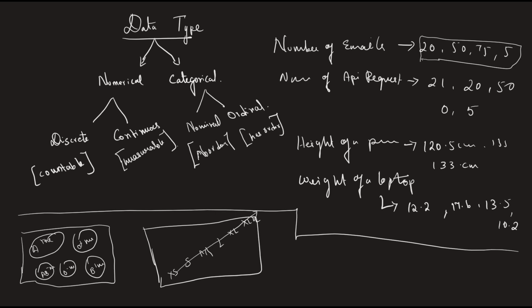For example, employee ID or phone number also have numbers, but we should still ask whether it is an identifier or a label. Employee ID is like an identifier, right? We cannot ask what the average employee ID is. We cannot perform any mathematical operation over it, so it does not give any meaningful interpretation.